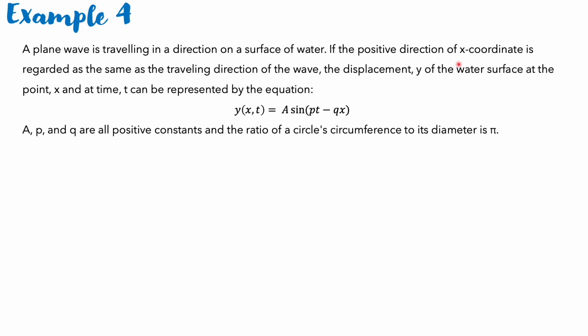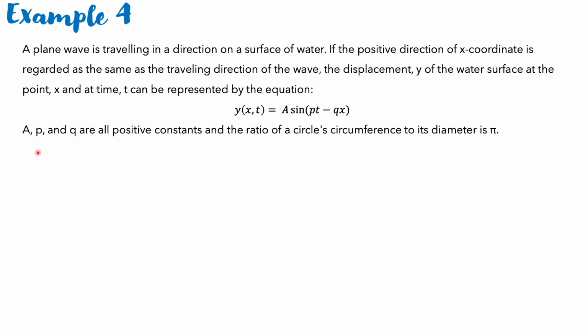If the positive direction of the x coordinate is regarded as the same as the traveling direction of the wave, the displacement y of the water surface at point x and at time t can be represented like this.